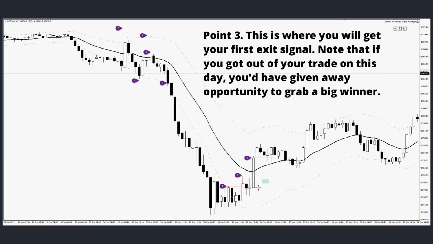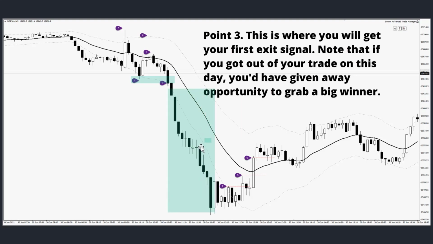So again, like the previous slide, the other example that we used on the M1, point 3, which is this, is where prices have now come to the previous lows, and this is where you can take your profits. But you can see that had you taken all your profits, you would have not taken advantage of this really major strong move.